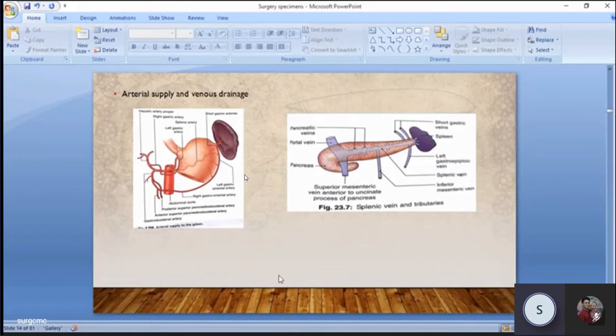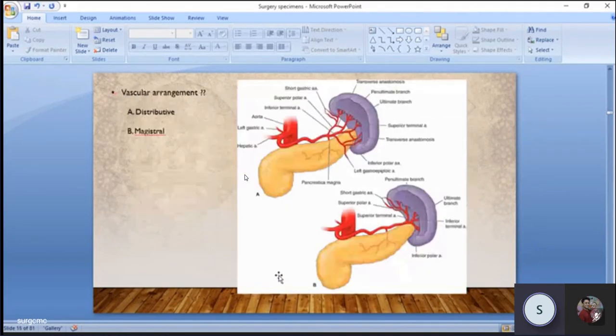Okay. So the main question for vascular arrangement that can be asked is what is the arterial representation of the spleen, the splenic vessel. The splenic vessel usually runs behind the pancreas and enters the hilum.